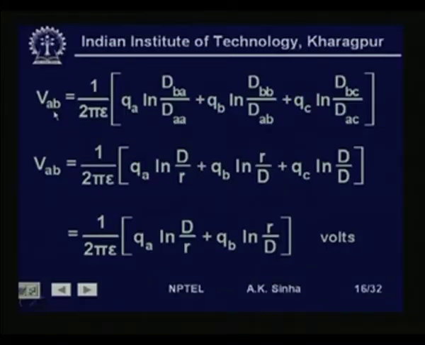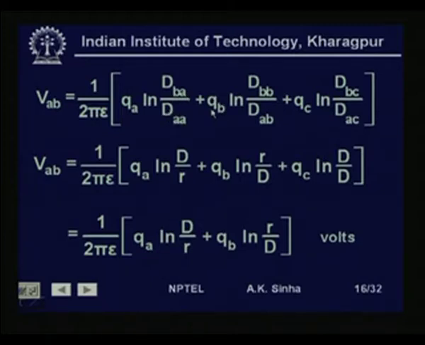Again, as earlier, we can find out the voltage between any two conductors. So, let us find out the voltage between A and B. So, VAB will be equal to, again using the same relationship that we have used earlier, 1 by twice pi epsilon into the charge on conductor A, QA ln dBA by dAA.